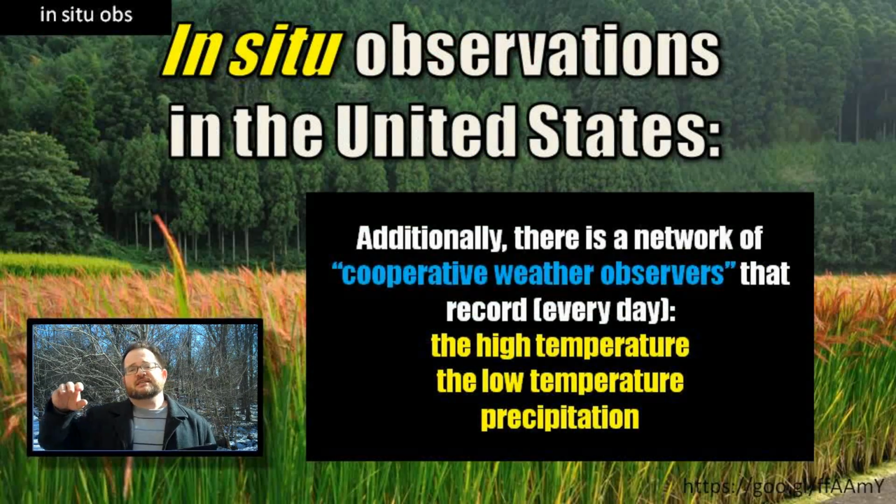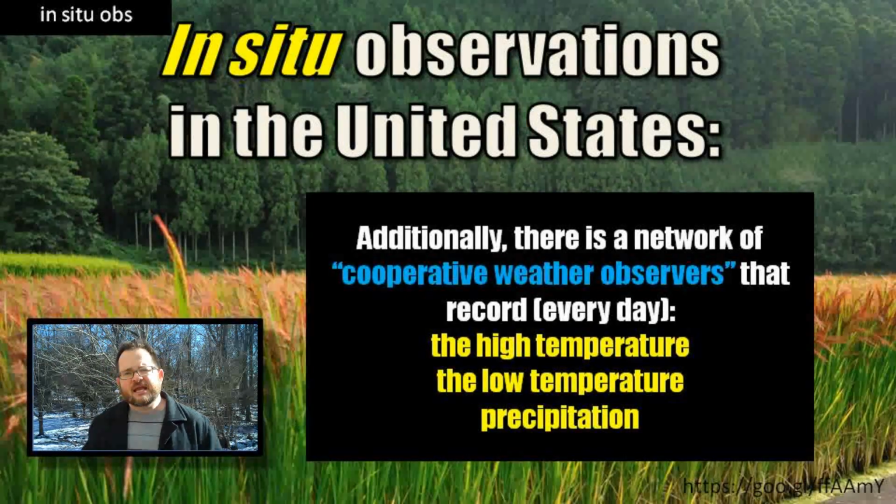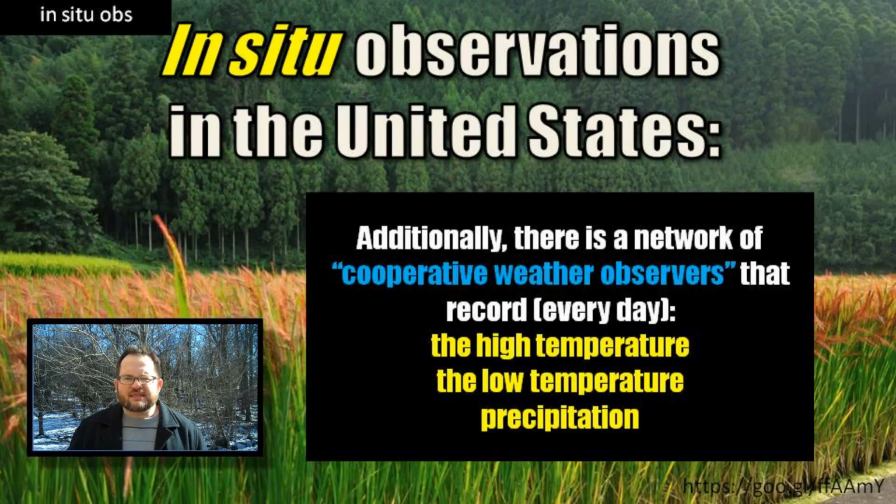Now, in addition to these networks of hundreds and hundreds of weather stations that are officially run by the National Weather Service and the Federal Aviation Administration, there is a so-called Cooperative Weather Observers Network. Different federal agencies coordinate this, sometimes in collaboration with state agencies and universities and so on, that are recording not hourly observations of like the temperature and the wind and stuff like that, but just basic meteorological information at every little village out there in the country.